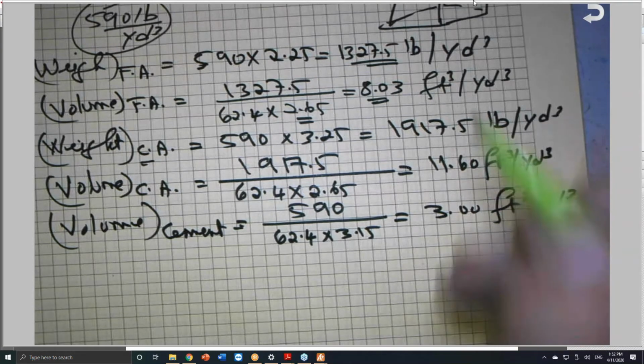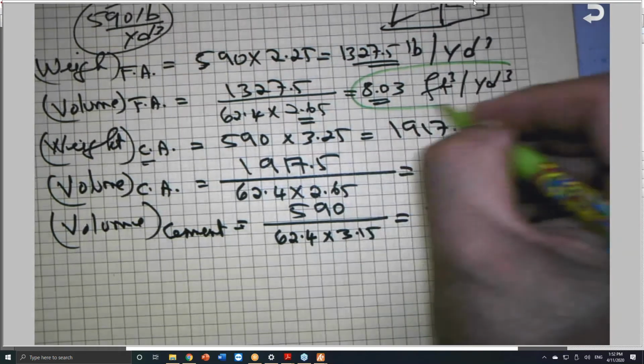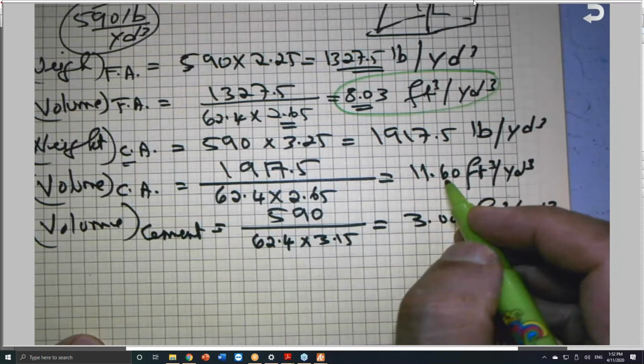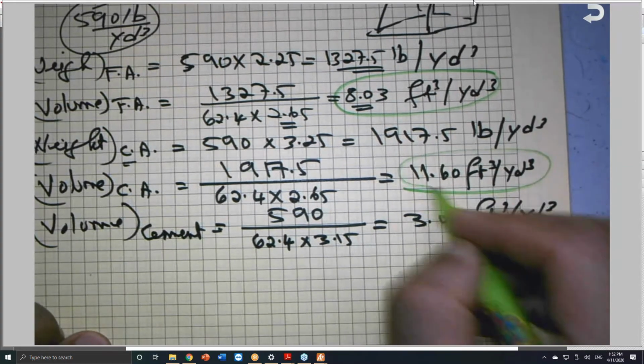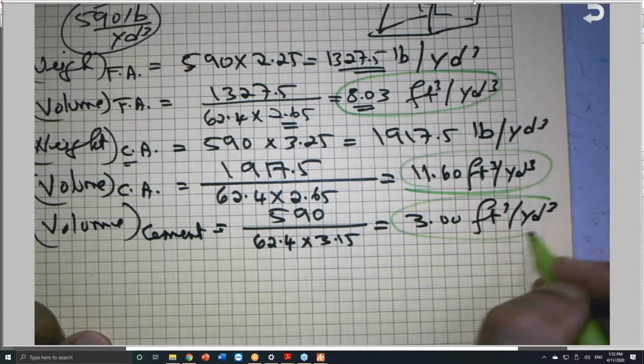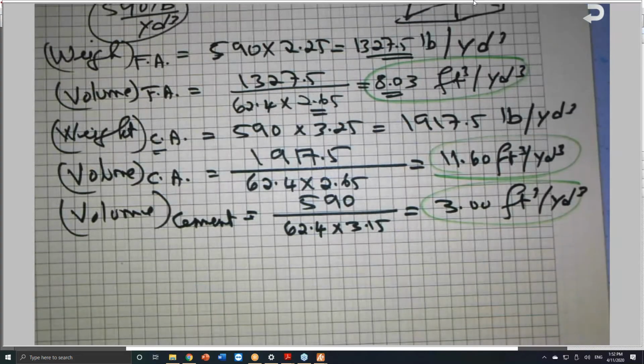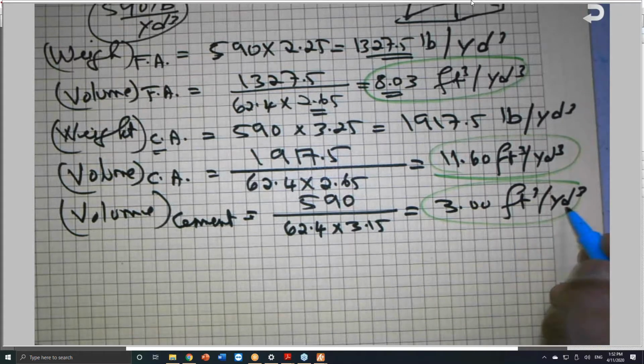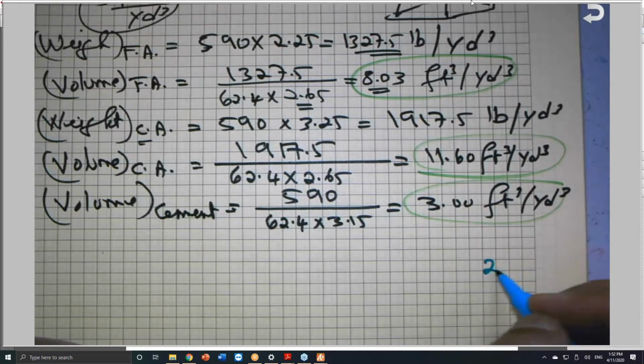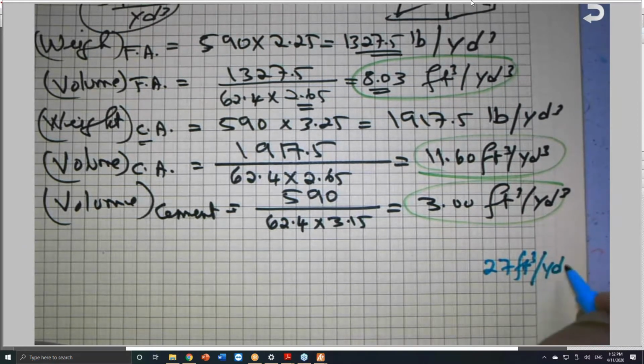I have the volume of the fine aggregate, the volume of the coarse aggregate, and the volume of the cement. But how many cubic feet per 1 cubic yard, by the way? I know there are 27 cubic feet per 1 cubic yard. Don't forget this number, please.